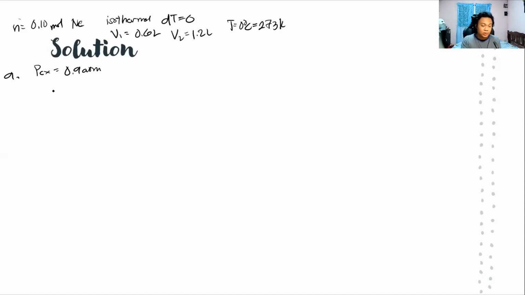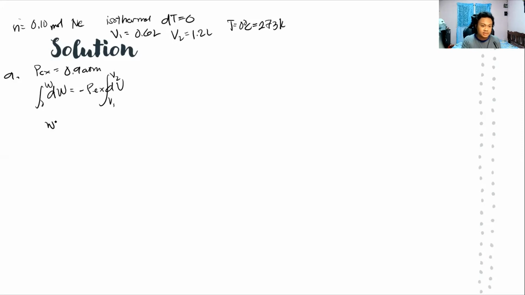Diba? So we are going for the work. Work, no, is equal to negative, this is the equation for your work, ha. It's equal to P dV. Good. P dV. And we have to integrate that. So let's integrate this from 0 to w and then from V1 to V2.